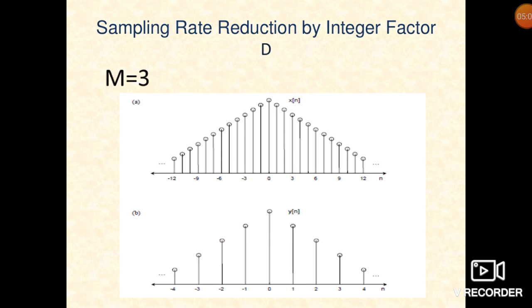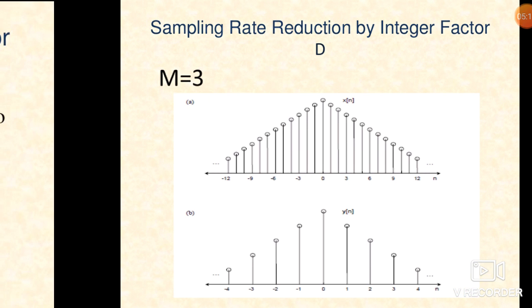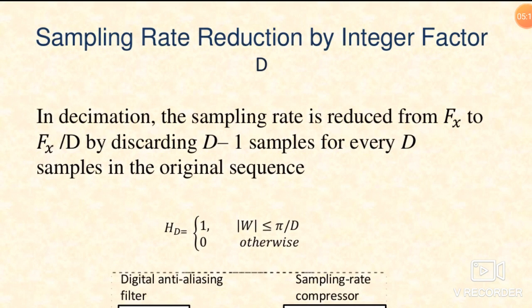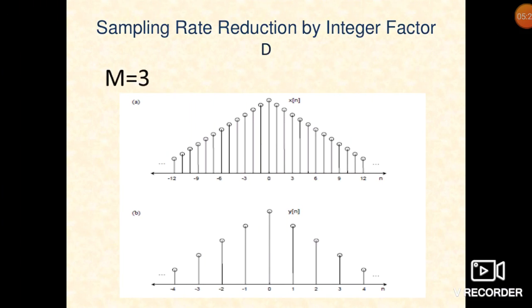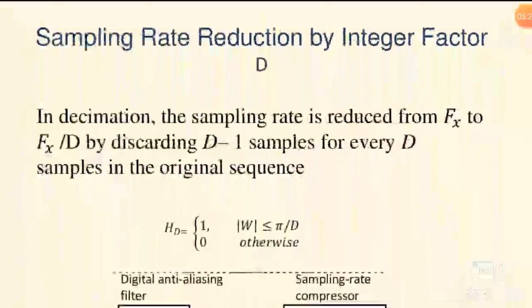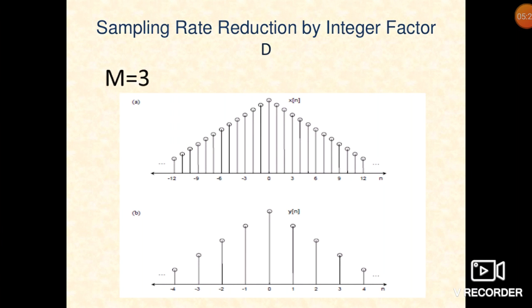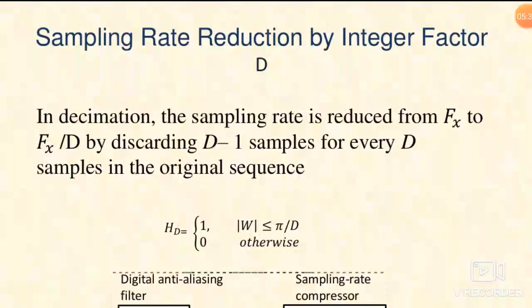As we are discarding D minus 1 samples, the rate is reduced from fx to fx by D. Here HD is nothing but the anti-aliasing filter, which will be discussed later.